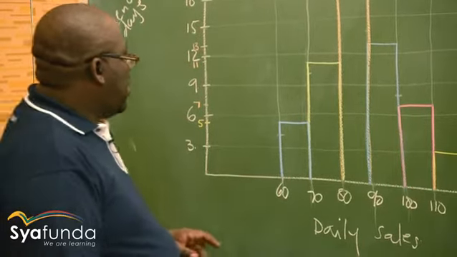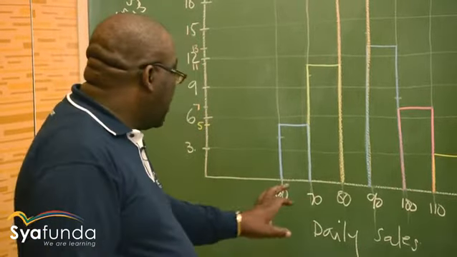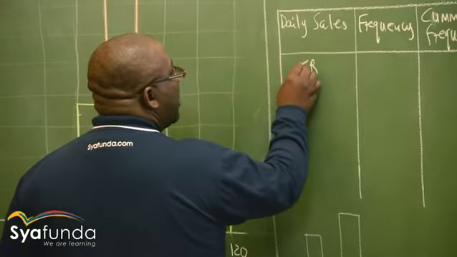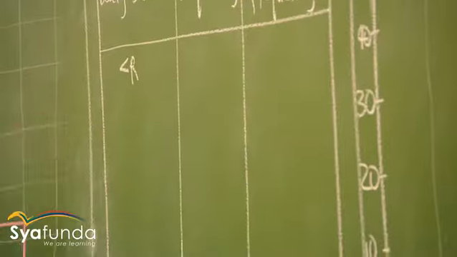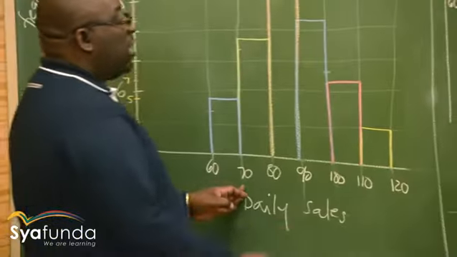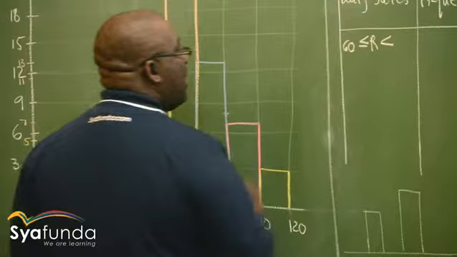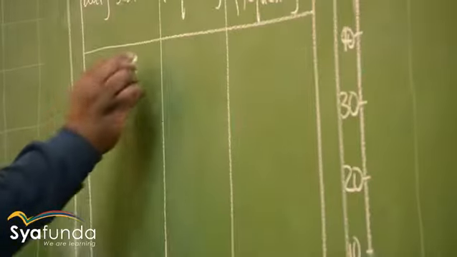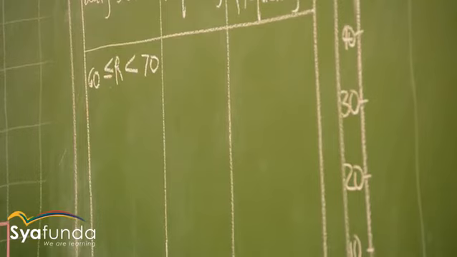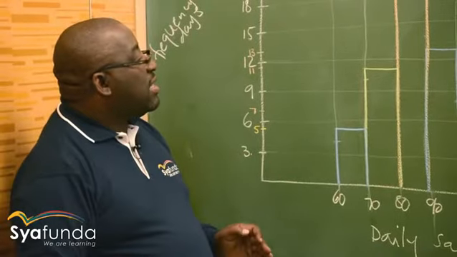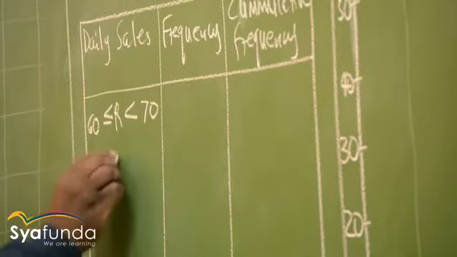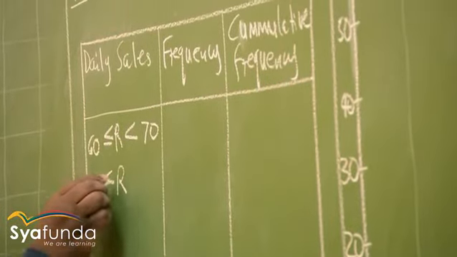Now when we do it, because these are sales in rands, we say our R should be greater or equal to 60, and also it should be less than what? Than 70. So make sure that you don't include equal on this part, because the 70 will be included in the next part, where we'll be saying our R is greater or equal to 70.